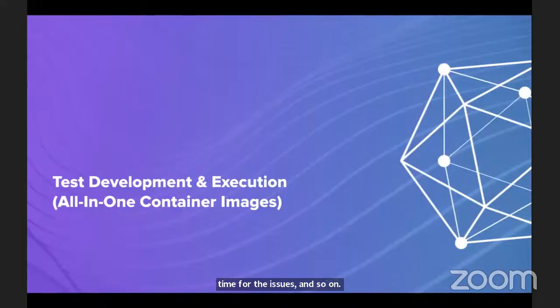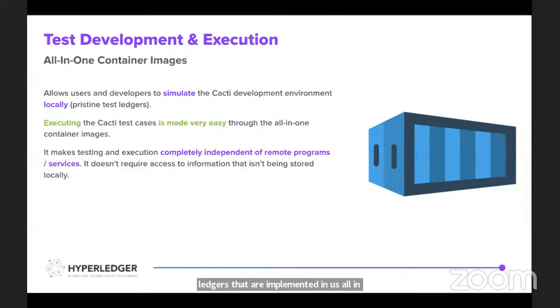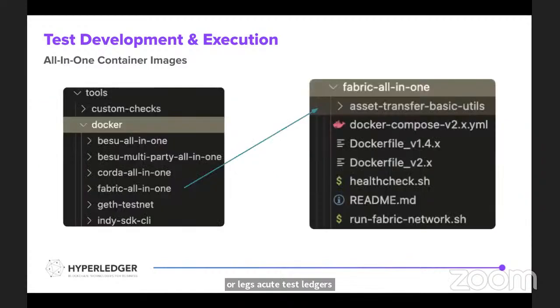One very nice thing that I like a lot are the test ledgers that are implemented in all-in-one containers. Basically they allow you to simulate or execute test ledgers programmatically very easily.